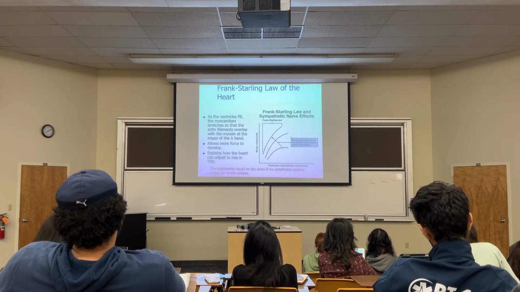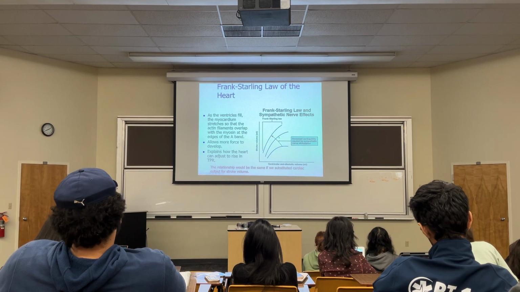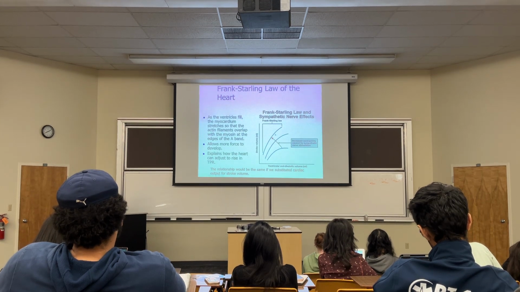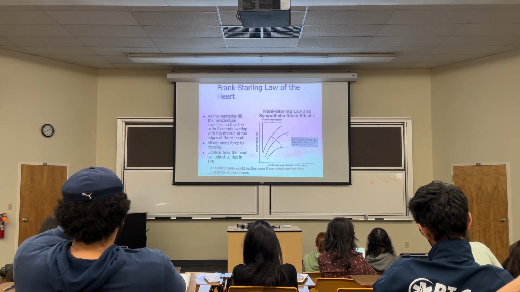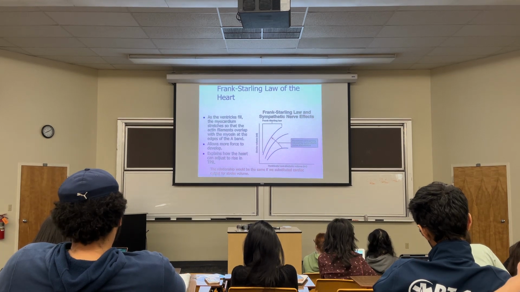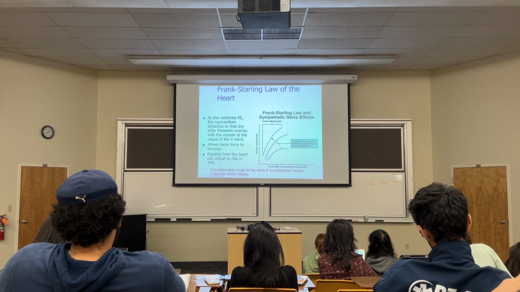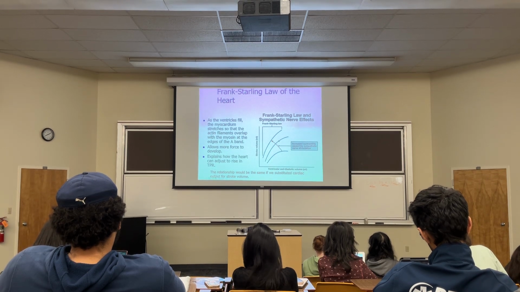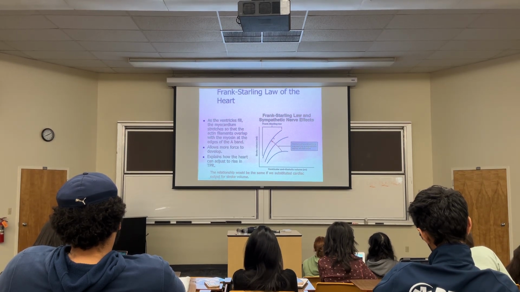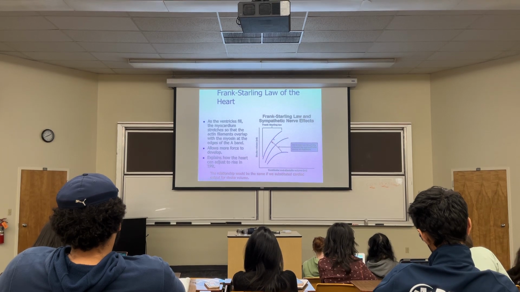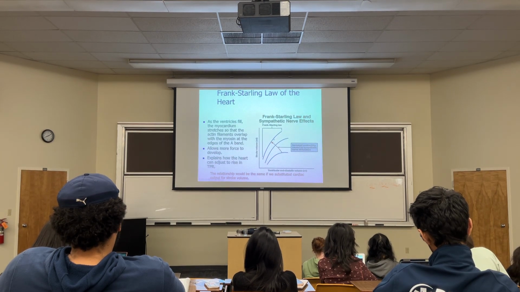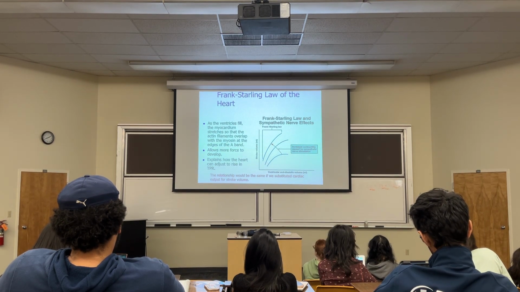You're on a different slope of the line. You can shift from one slope to another. This slope is giving us the Frank Starling law effect. But if you add, in addition to that, the sympathetic effect, you can jump to a different slope. You feel okay about that?